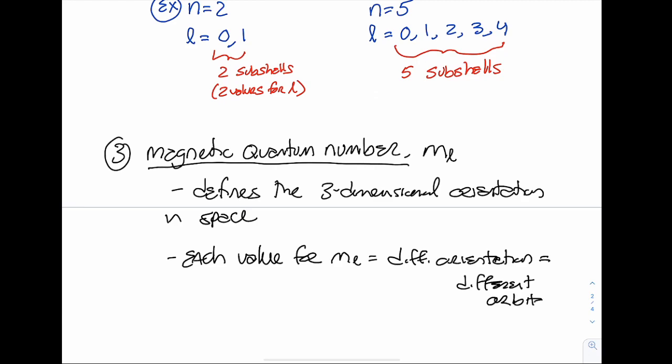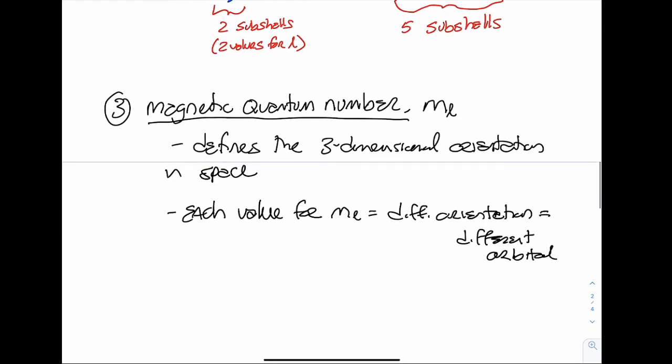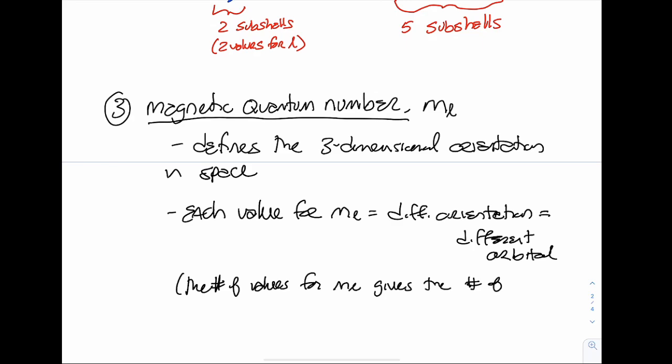It's a different region of space for each value you have. So we could say the number of values for m sub L gives the number of orbitals per subshell. I'm saying per subshell because when I give you the formula for determining the number of values, it's based on your value for L.